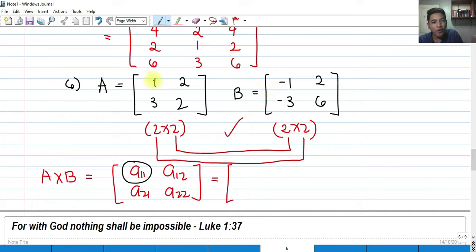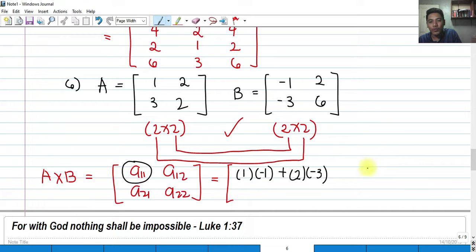The sum of the products of row 1 of A and column 1 of B: 1 times -1, plus 2 times -3. Row 1, column 1, sum of their products. So 1 times -1 plus 2 times -3. That is the element for A11.